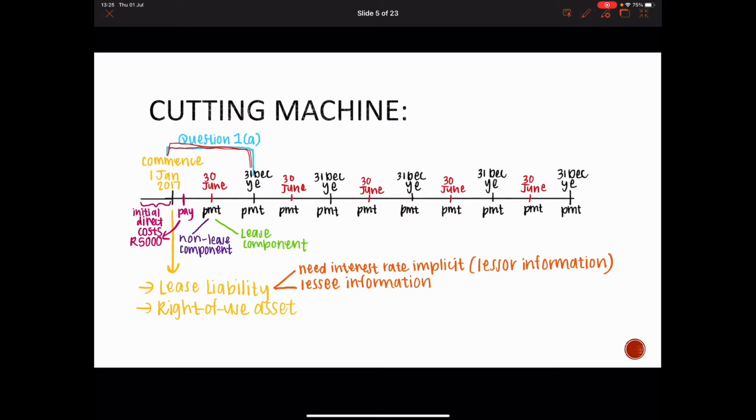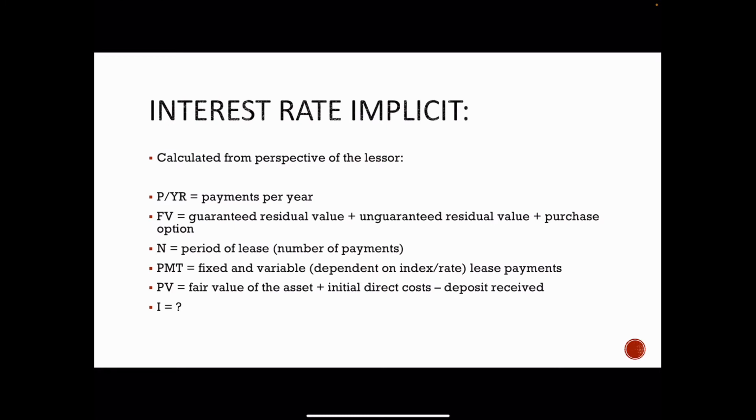So our first step is going to be calculating the interest rate implicit, because we need that in order to calculate our lease liability and the right-of-use asset, so that we can do our initial journal entries on 1 January 2017. The interest rate implicit is calculated from the perspective of the lessor.